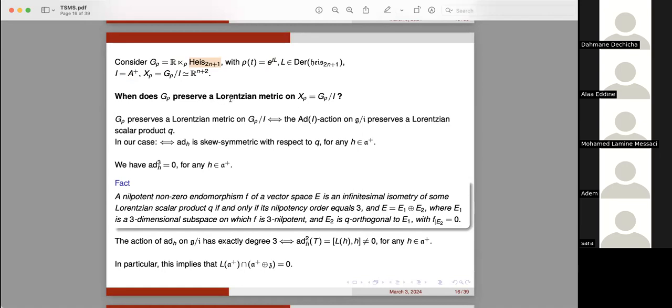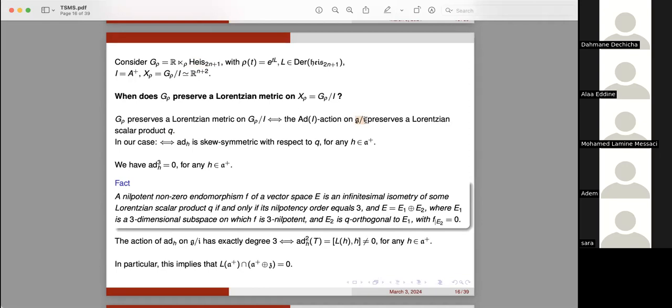When does J preserve a Lorentzian metric on the quotient space? J preserves a Lorentzian metric on the quotient is equivalent to the fact that the adjoint action of the isotropy on the quotient of the Lie algebras preserves a Lorentzian scalar product on this quotient.